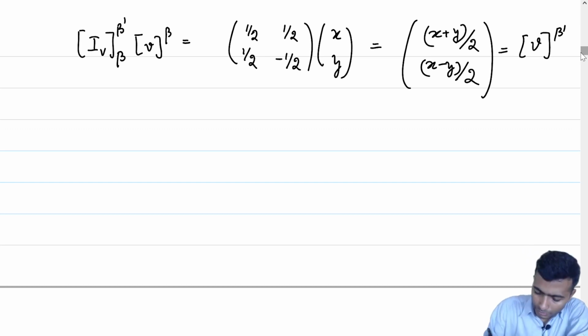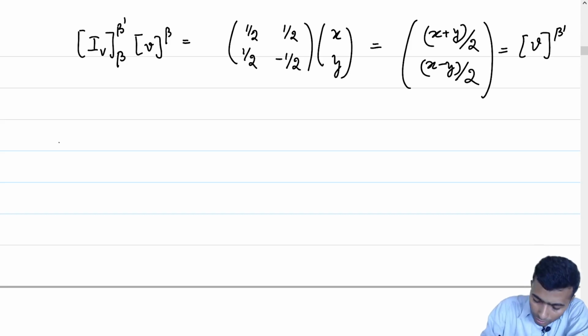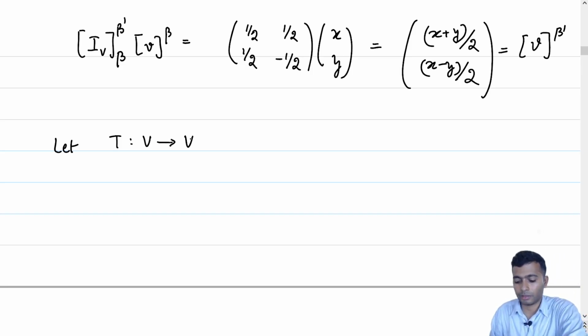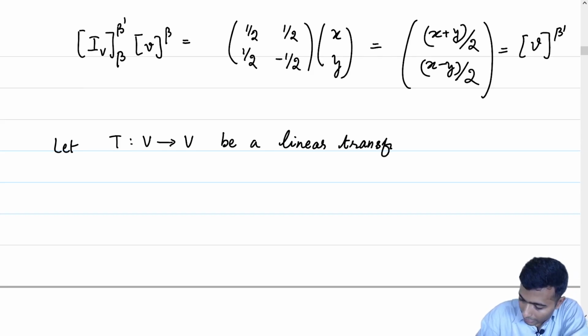So, change of basis matrix and the linear transformations. In order to study that, consider a linear transformation T from the vector space V2 to itself. Such linear transformations are called linear operators as well. So I'll just note that as well.